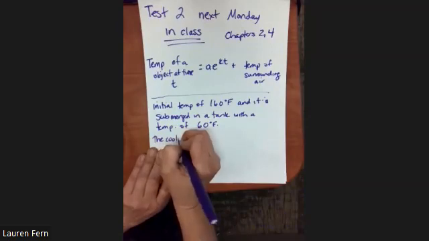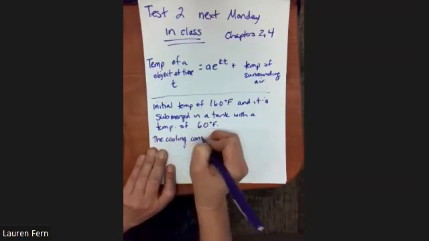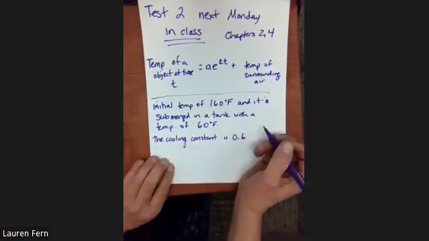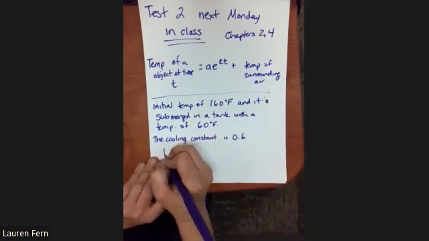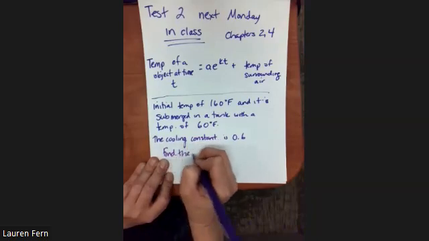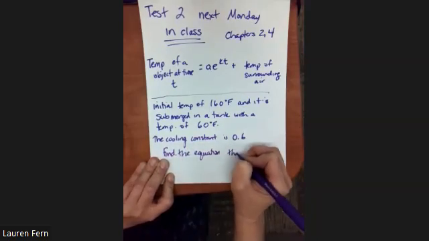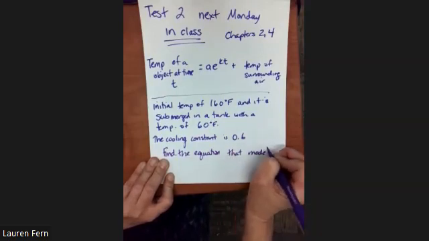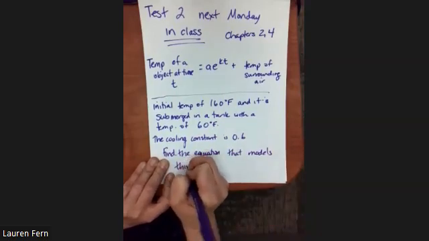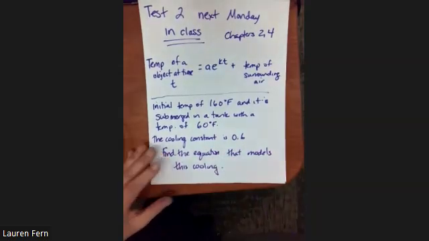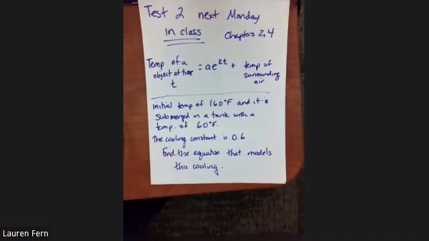We're given that the cooling constant is 0.6. And what we want to do is find the equation that models this cooling. So I'll give you a chance to write that down. Let me know when you're ready.